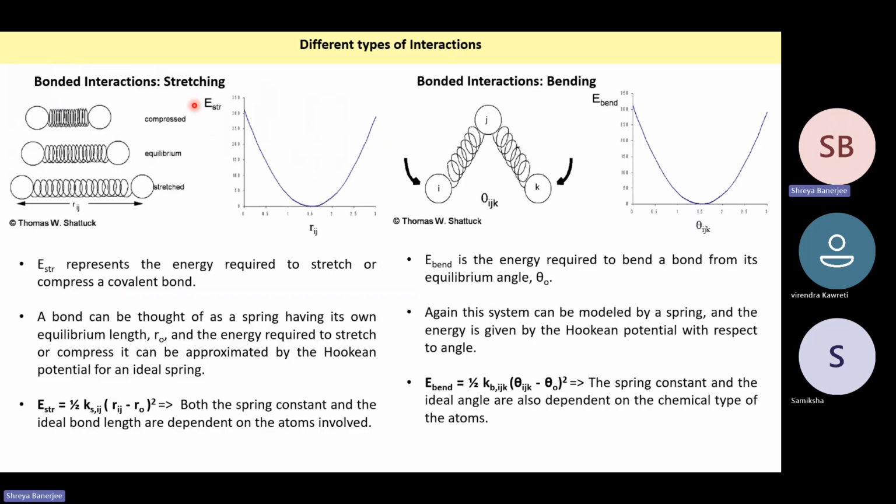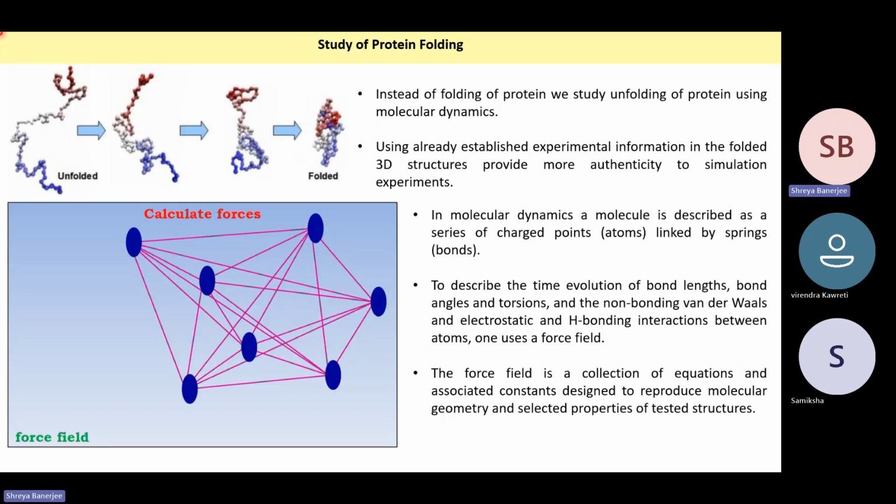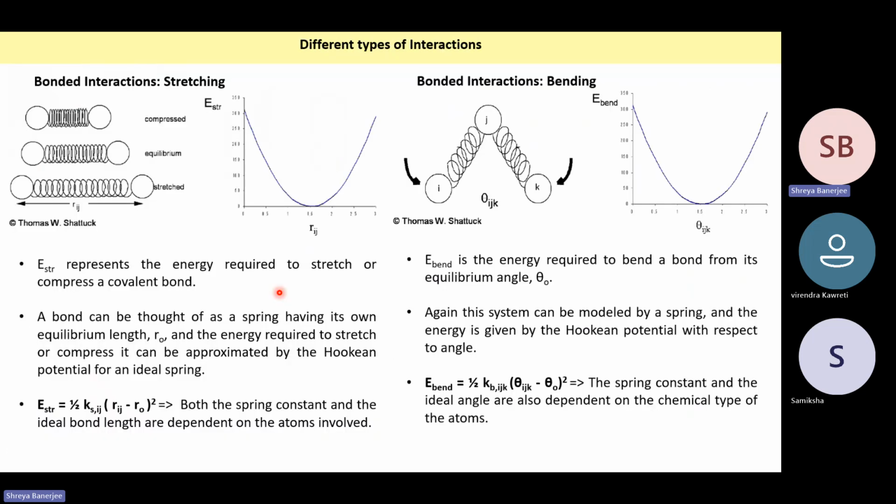Okay. So as I was saying, you have to specify the different bonding interactions. There can be bonded interactions which include stretching of bonds or bending of bonds. There are two equations associated with that. For stretching, the energy associated with stretching interactions is half of the stretching constant times (Rij minus R0) squared.